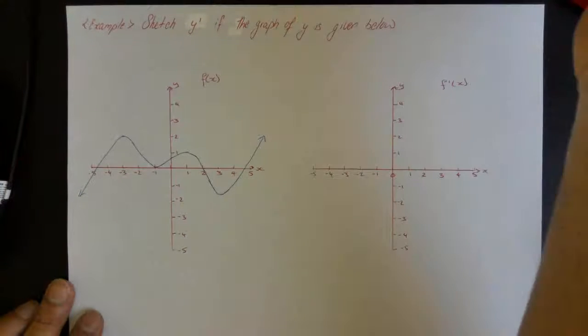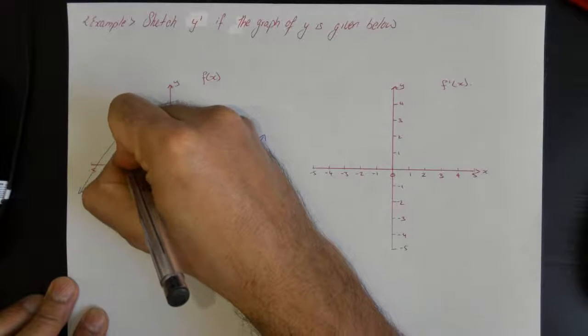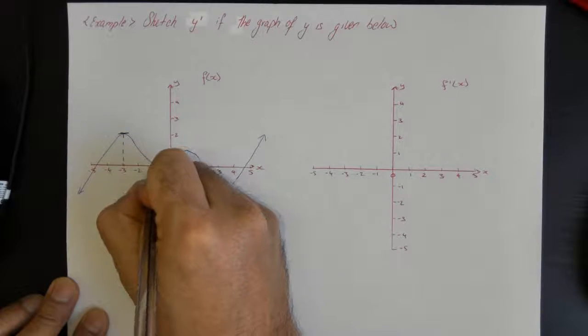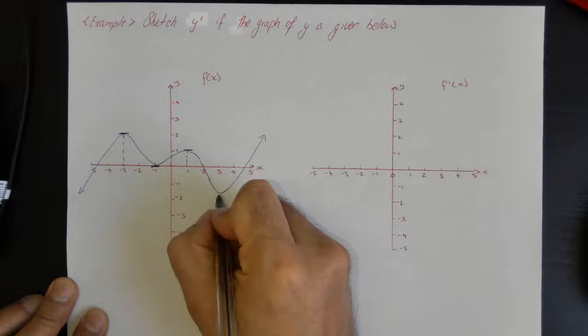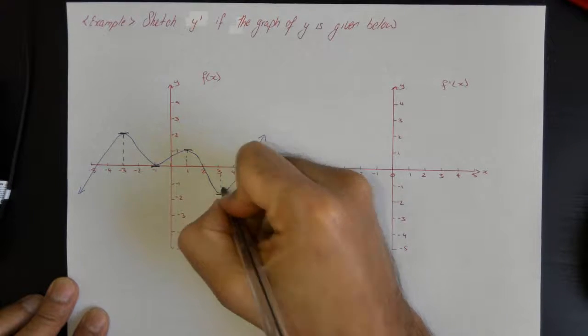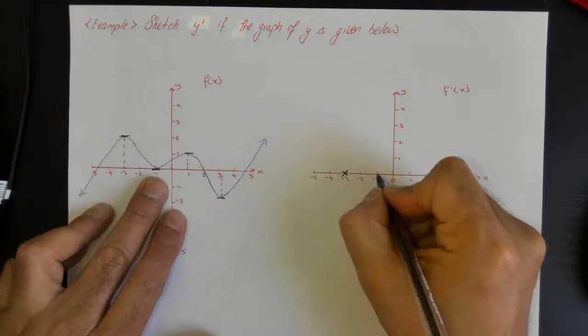One more example. All right, so we're going to do stationary points first. So when the gradient is 0, I've got -3, -1, 1, and 3, and I'm going to mark these on the x-axis.